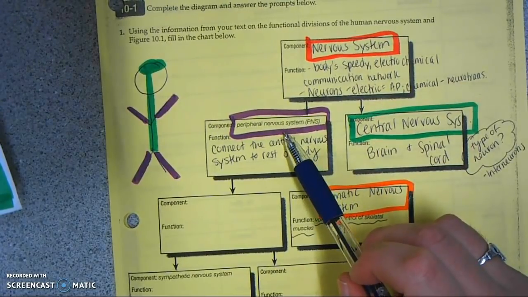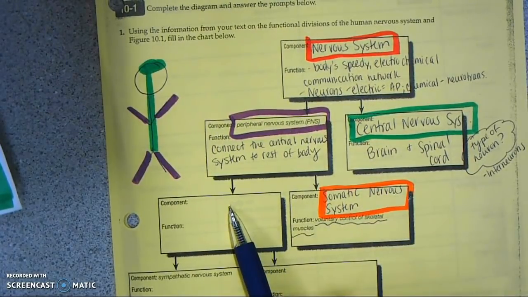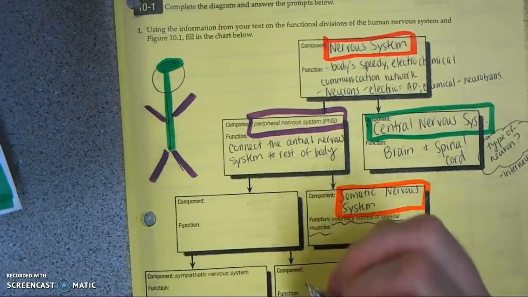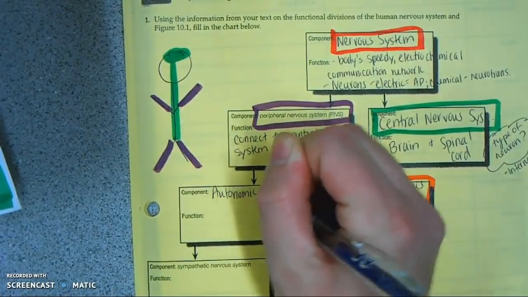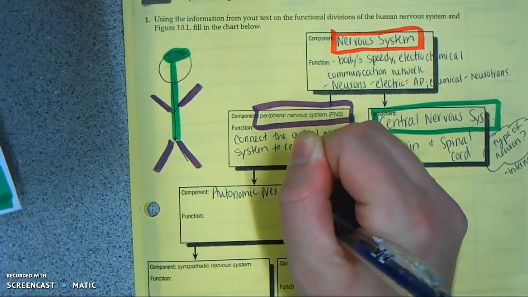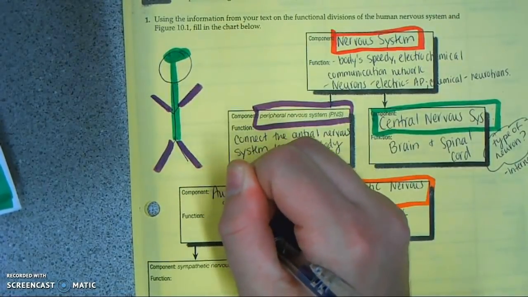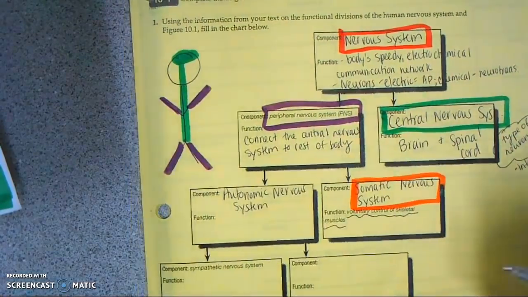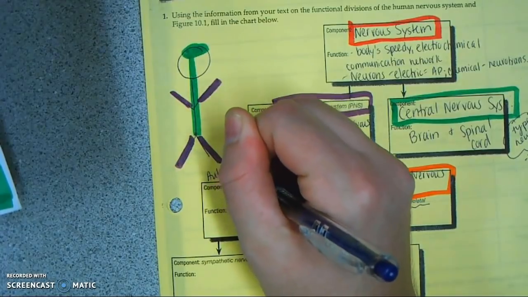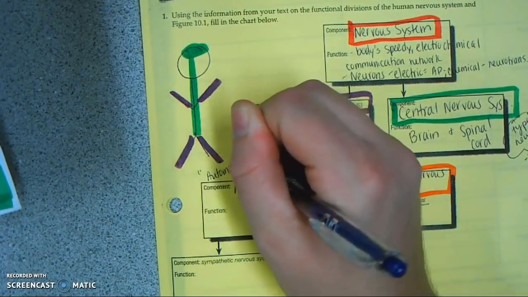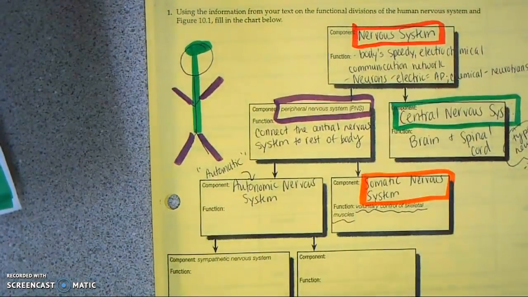The second part of the peripheral nervous system is the autonomic nervous system. The word autonomic should remind you of the word automatic. If something's automatic, it typically happens on its own.